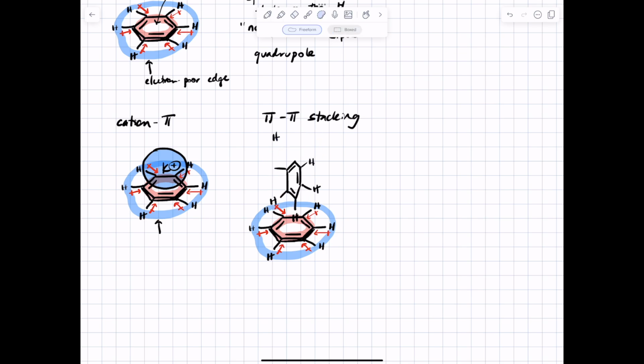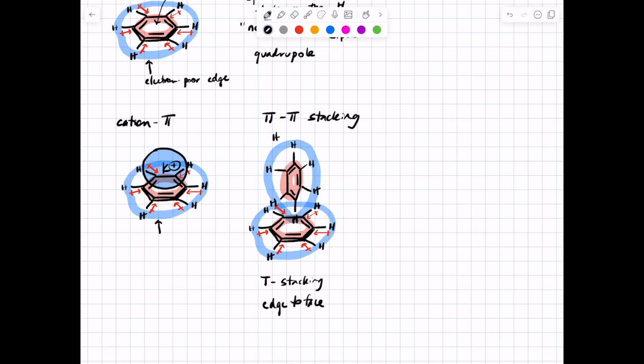So it would make sense to have the edge of one benzene ring stack against the face of the other, so that their electron-rich and electron-poor portions, respectively, can interact. So this is sometimes called T-stacking or edge-to-face. That makes sense? So you'll see that among aromatic side chains.